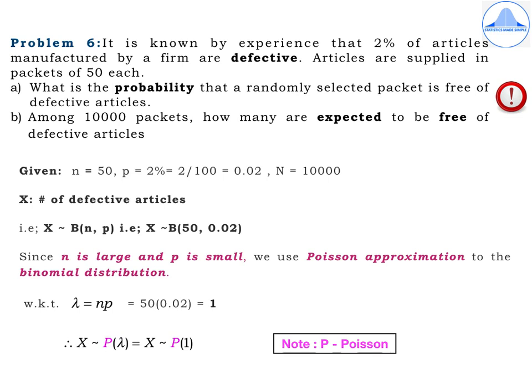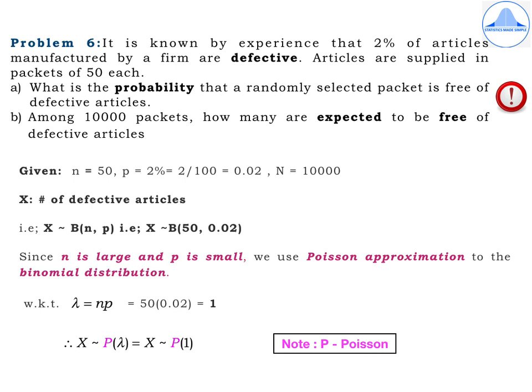After the given part, the next step is to define capital X, that is, the number of defective articles. In terms of notations, on the screen you can see I have written X follows binomial, within brackets the parameters n and p. In other words, X follows binomial within brackets 50, 0.02.